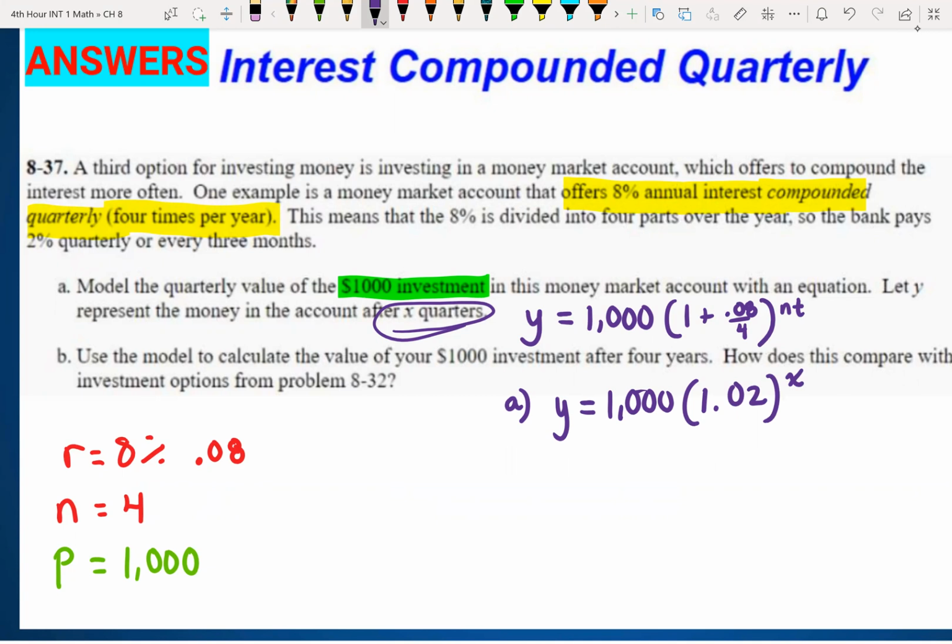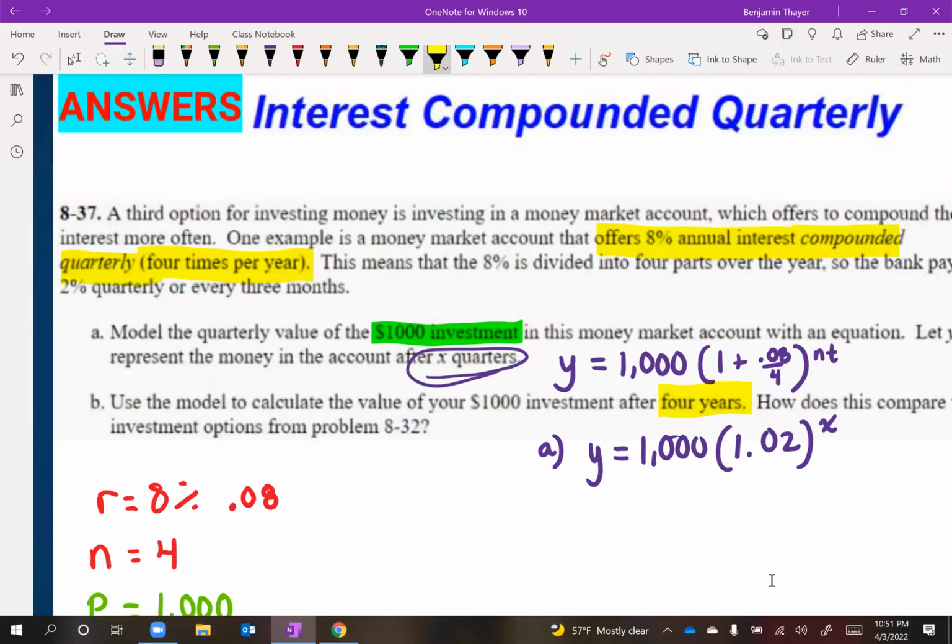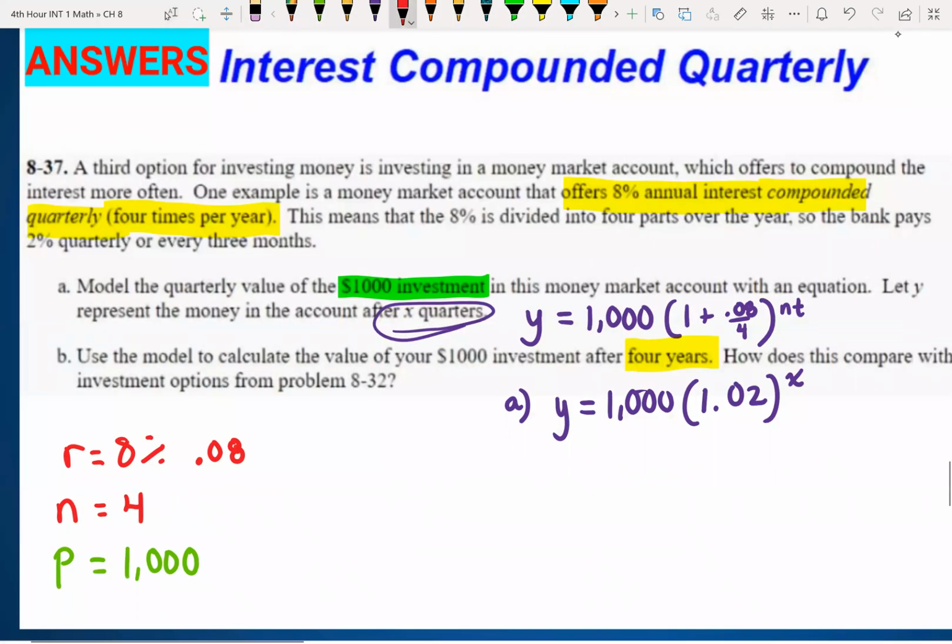Okay. Part B, use this model to calculate the value of your investment after 4 years. So all we're going to do is take that 4 years, then we're going to plug it into our equation. All right, so B, we've got our initial investment, we've got our multiplier, and now the key here is that during the time that 4 years passes by, there's 4 quarters in each year.